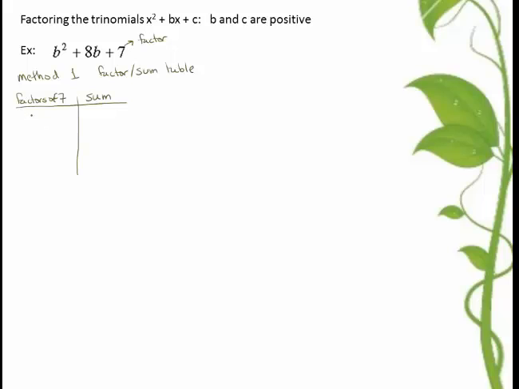Well, 7 is prime, so it only has two factors, 1 and 7, and the sum is 8. What we want is for this number to match this number, and it does. And so therefore, how we factor this is we take b plus 1 and b plus 7. Our factors of 7, 1 and 7, go here in the parentheses. The b comes from the fact that we're working with b squared.